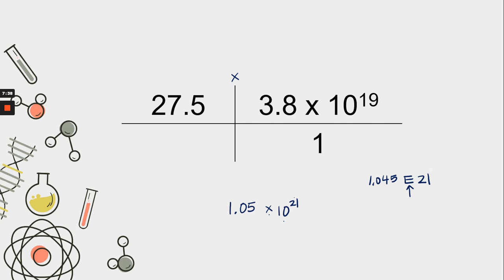Okay. If your exponent is off by 1, it means you've punched in something wrong. It means you've added a times sign or a 10 or a caret, something you weren't supposed to. If you punch this in just like I'm saying out loud, 27.5 times 3.8 scientific notation function, whatever yours is, negative 19 equals, this is what you will get.